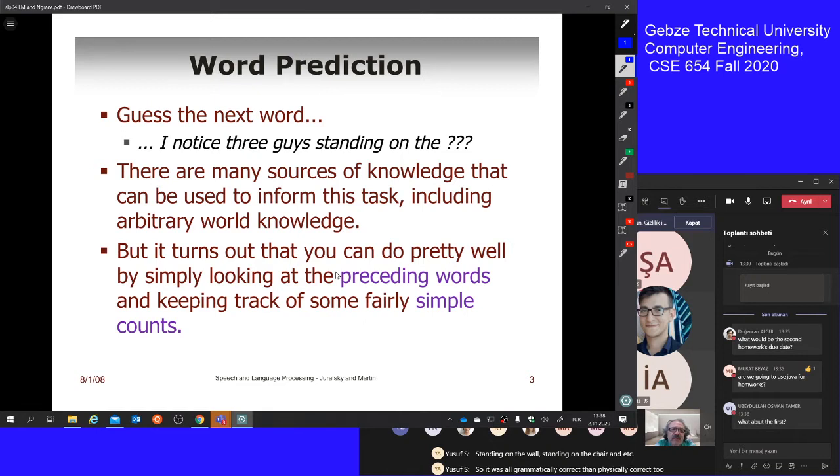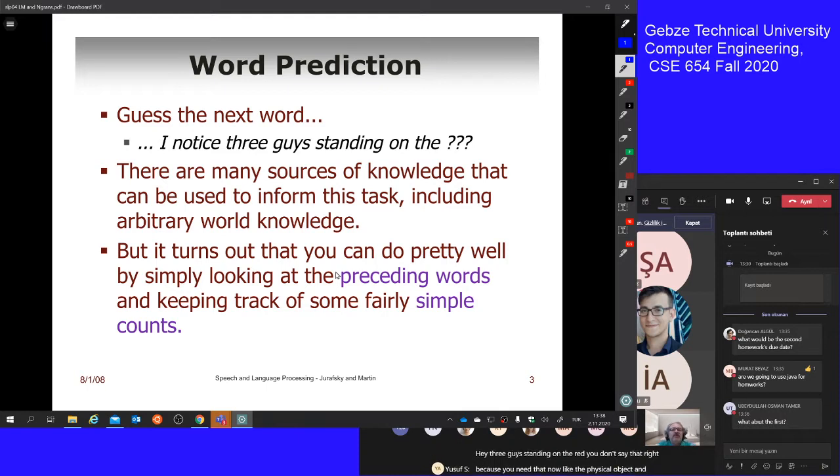I could stand on the wall, I could stand on the sidewalk, but I cannot stand on the blue, for example. 3 guys standing on the red. You don't say that, right? Because you need a noun, like a physical object, and etc.